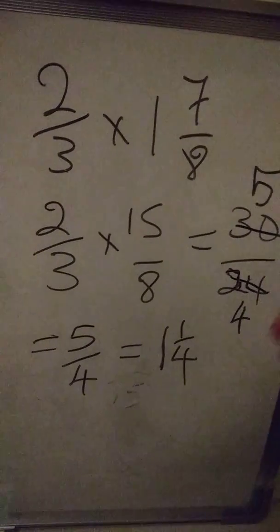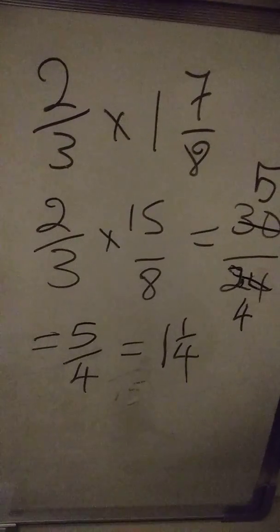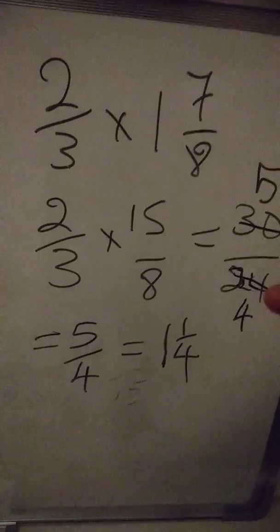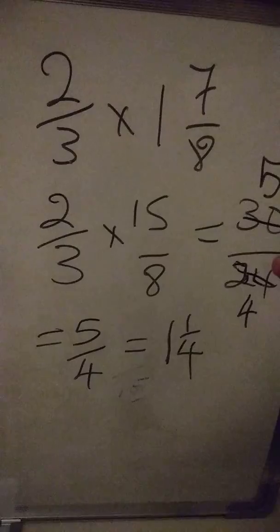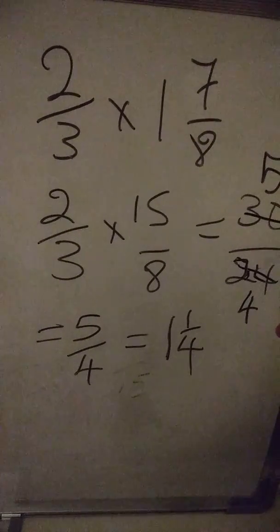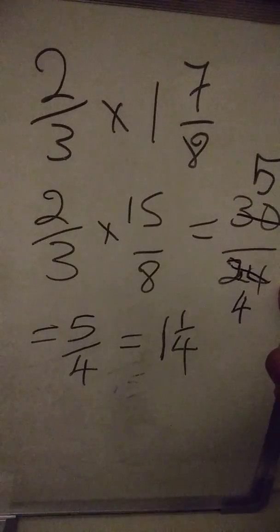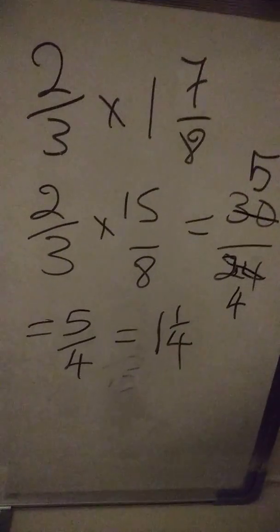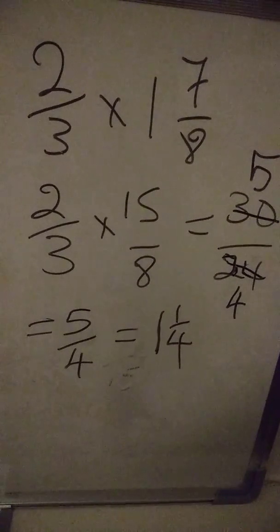So you get 5 over 4. And we use 6 to divide. 6 into 30 goes 5 times. The same number that you used to divide the numerator is the same number that you used to divide the denominator. So that's our answer.